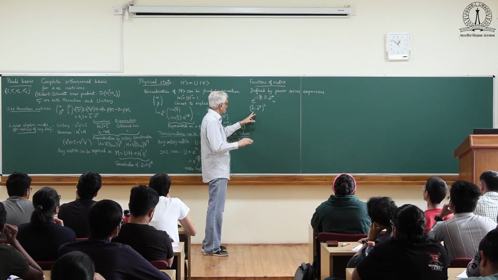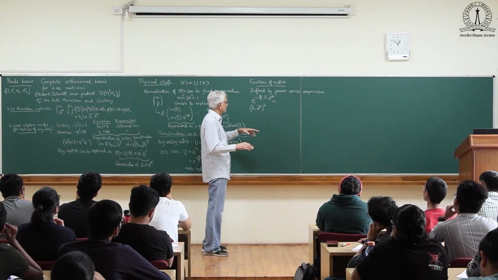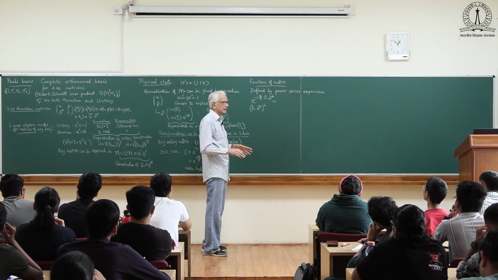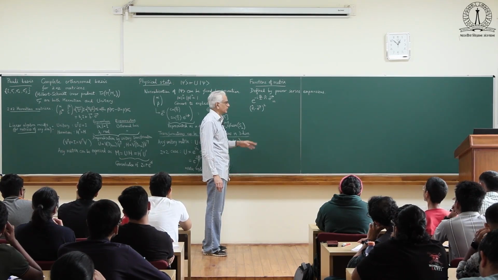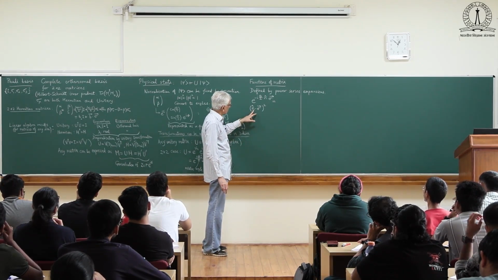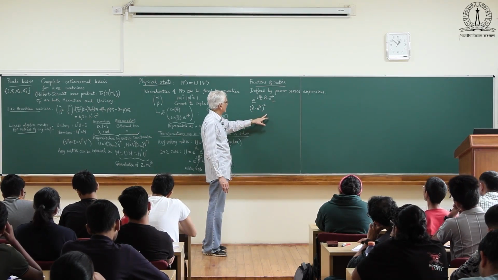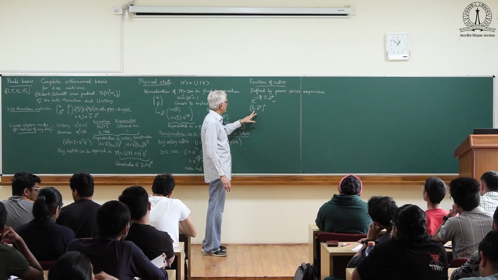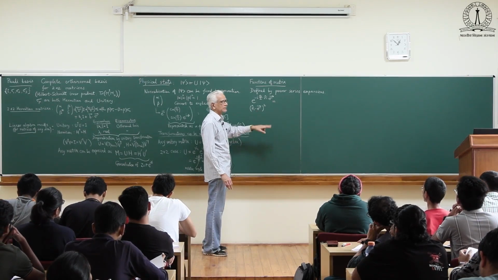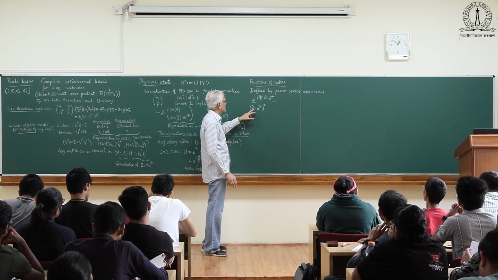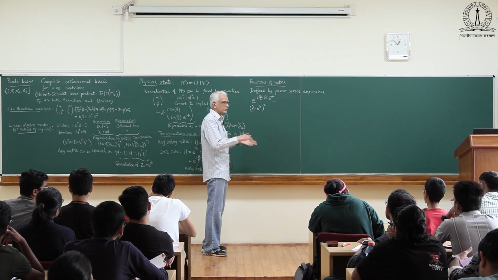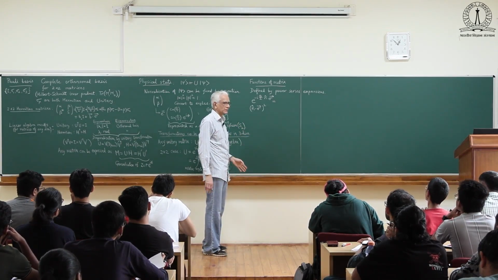And sigma i, sigma j, when i is not equal to j, they anti-commute. So you will get cross terms, n1, n2 multiplied by sigma 1, sigma 2, and again n1, n2 multiplied by sigma 2, sigma 1. So n1 and n2 are numbers, they commute, but the other two anti-commute, the sum is 0.